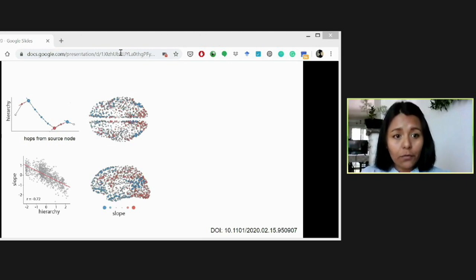When we plot these over the brain, we can see areas like the prefrontal, the auditory, the intertemporal cortex showing a negative slope, while areas like the supplementary motor area, the somatomotor, or the visual cortex have a positive slope.